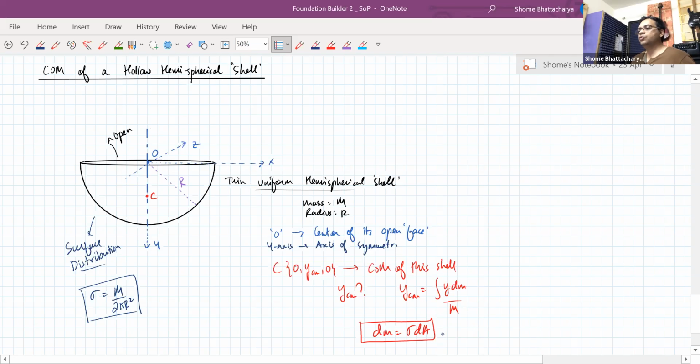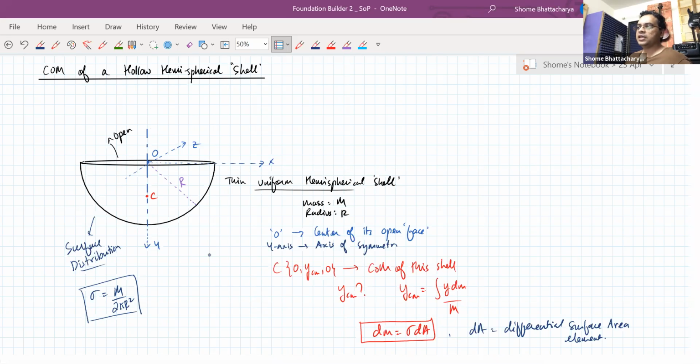Okay. Now the thing is what we should take dA as. dA should be a differential surface area element. Okay. So given the y-axis is an axis of symmetry, what should be the shape of our dA? How should we slice it?